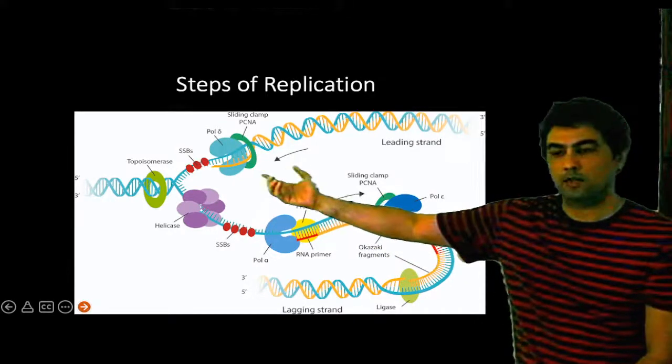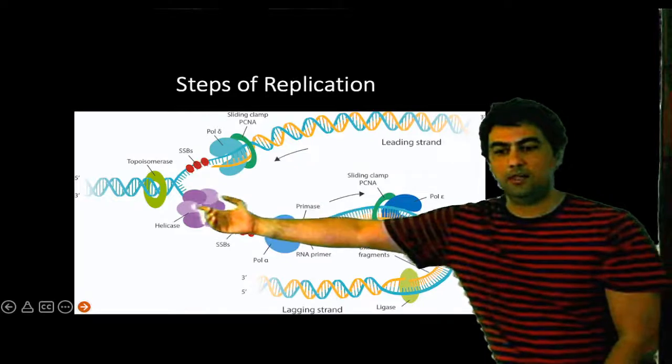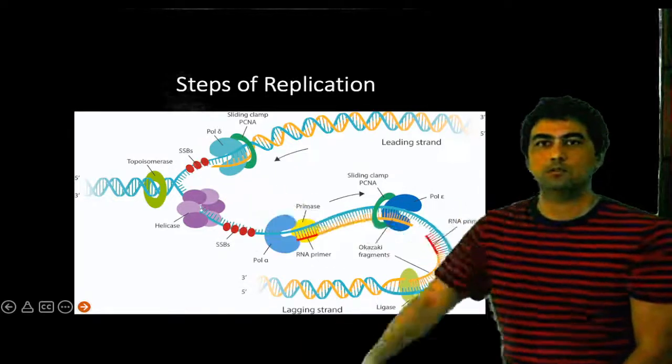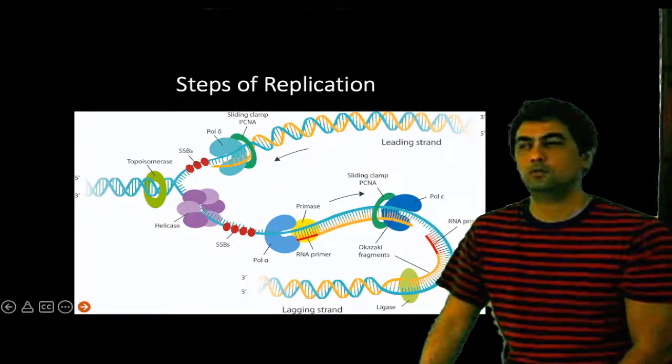So, to summarize: you have a helicase to separate the two strands.